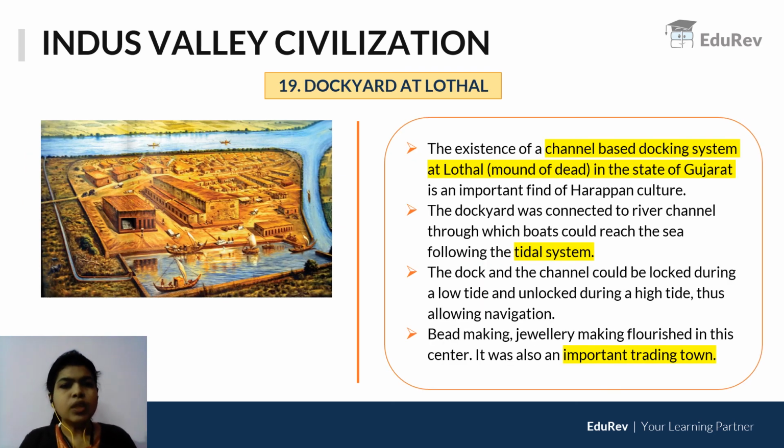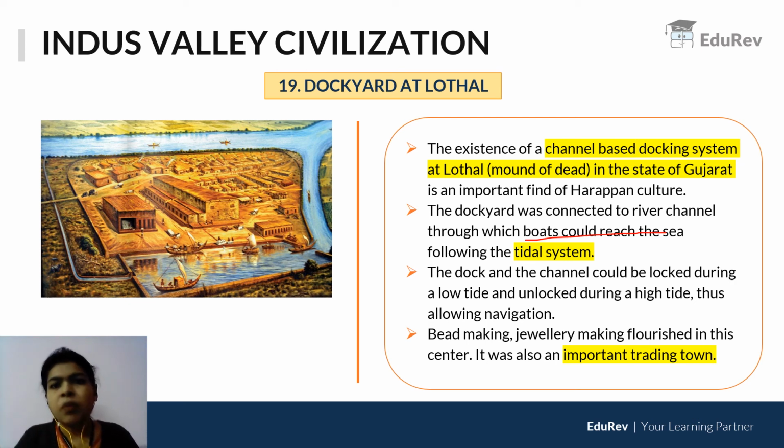And finally, the Dockyard at Lothal. From the existence of a channel-based docking system that was found at Lothal in the state of Gujarat, we understand that this place might have been a prominent trading town. The dockyard was connected to a river channel through which boats could reach the sea following the tidal system.